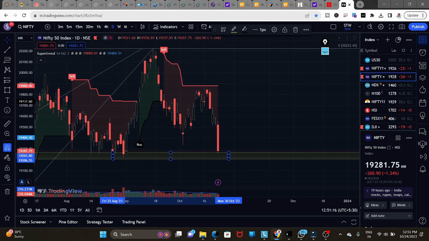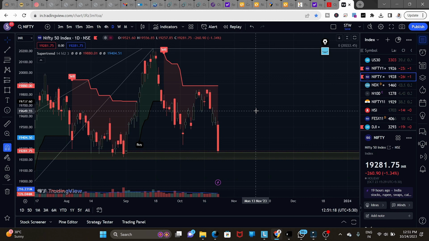I hope you can see this. This is the level which I have marked, and it is exactly at this level. This was a zone where it took a bounce in the previous attempt. From here it dropped till here, and then there was a bottoming tail bar, and from there the market moved up, but it was never able to break the super trend. Now it came down nicely.